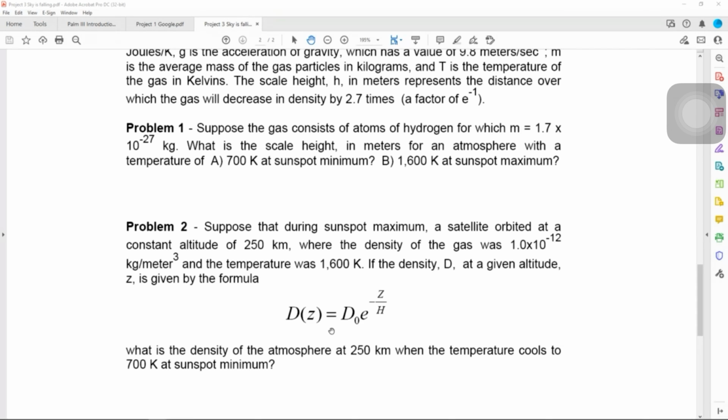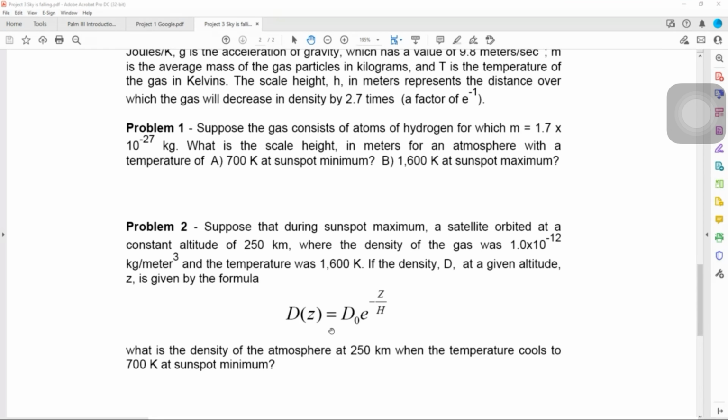So again, I'm going to do some calculations. I know the density at a given temperature, at a given height, and I would like to know what happens to the density when the temperature changes. The height is still the same height. Say we have a satellite in that area or some rocket or whatever. We would like to know what happens to the density of the gas around that device when the temperature changes.